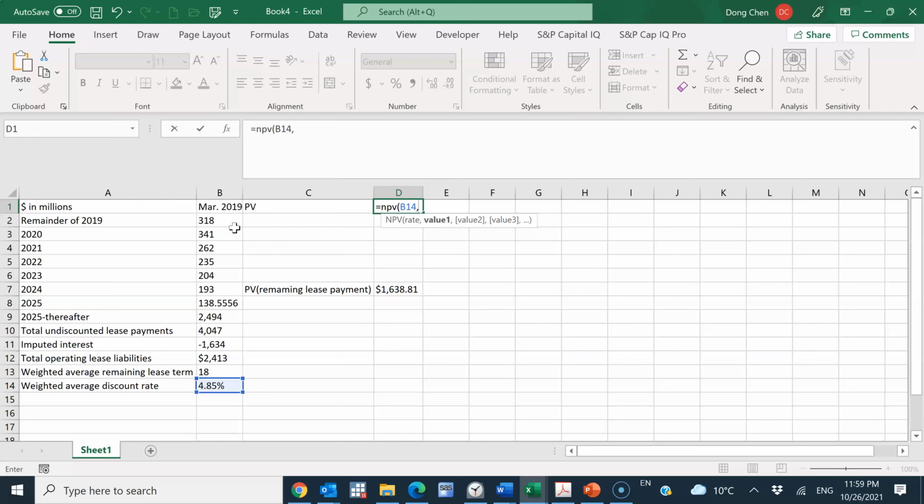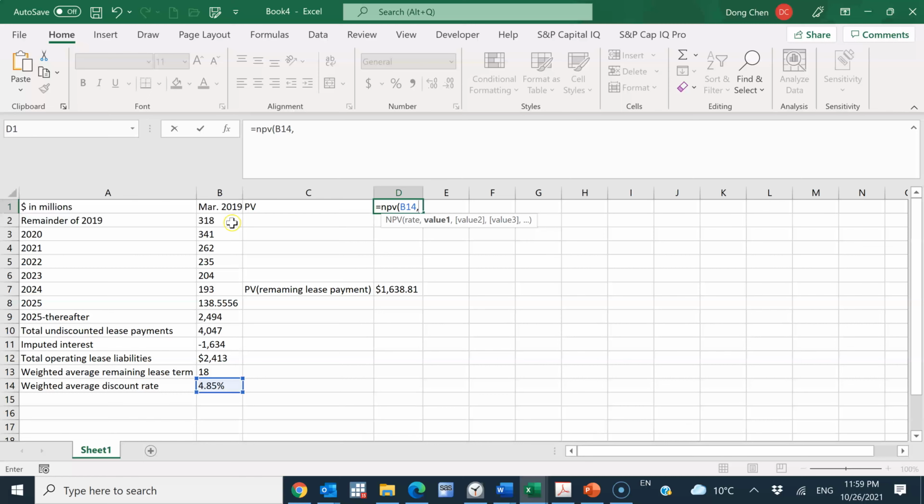So you need to put the cash flows in the specific format, which means year 1 cash flow, year 2 cash flow, year 3 cash flow. So every year you need to put a cash flow. If in a certain year the cash flow is 0, you still need to put 0 there. You can't omit the value. Then Excel will correctly use this function to get you the present value of all future cash flows.